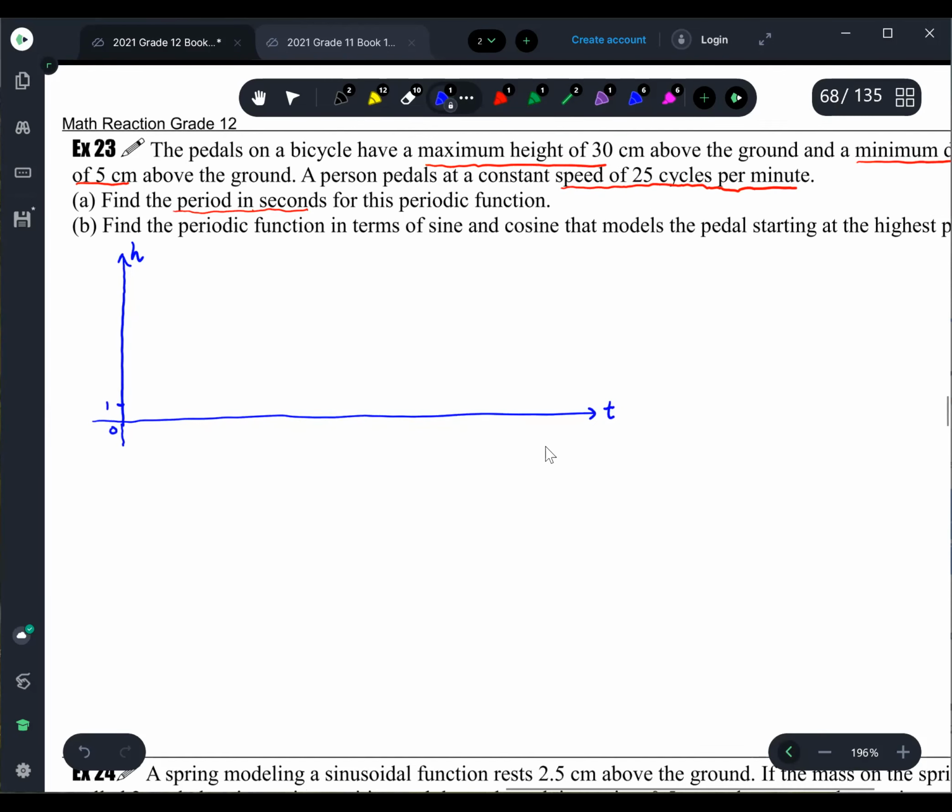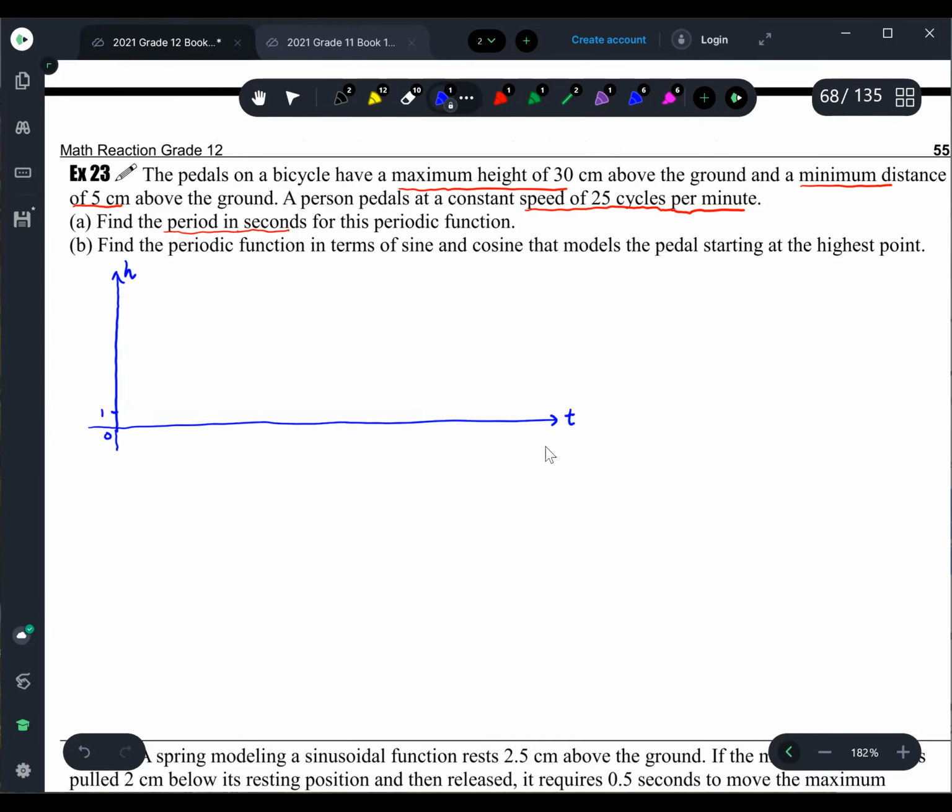Any questions so far? Okay, so first, when you get a question, you need to figure out what are the two variables. Okay, so we can write it on the side.